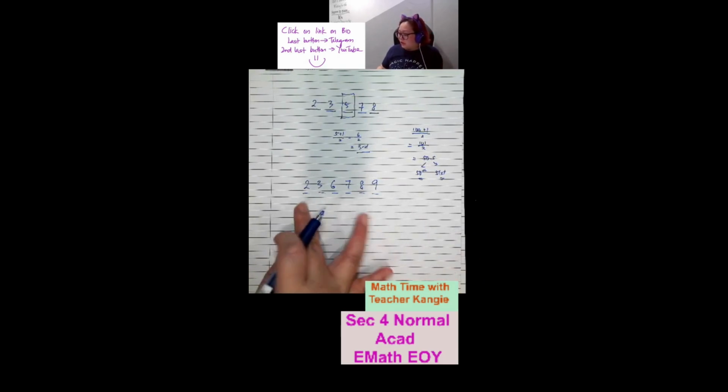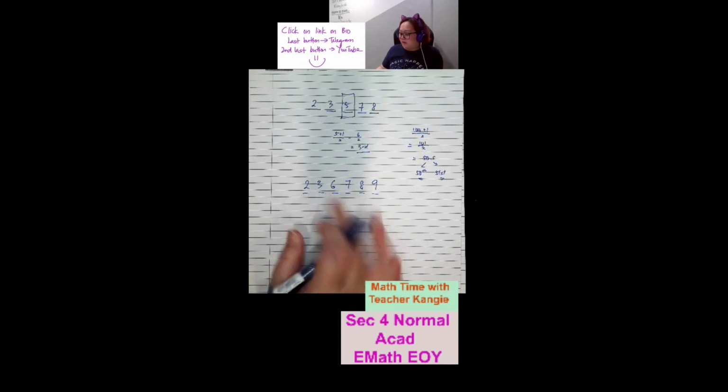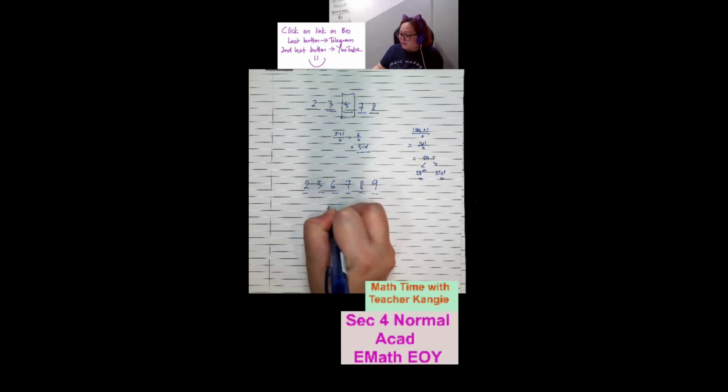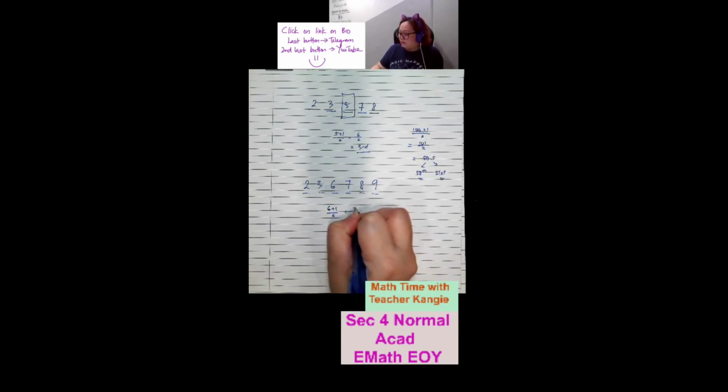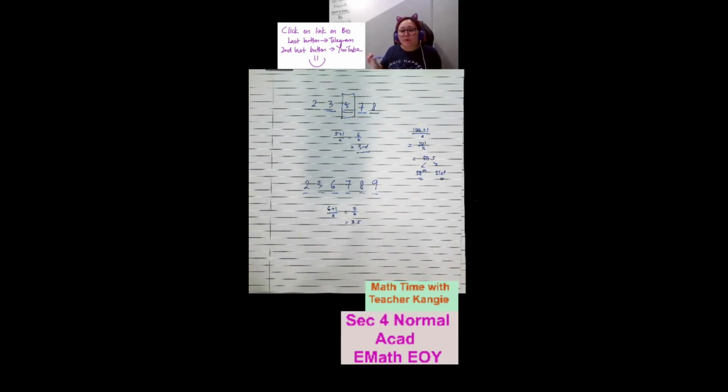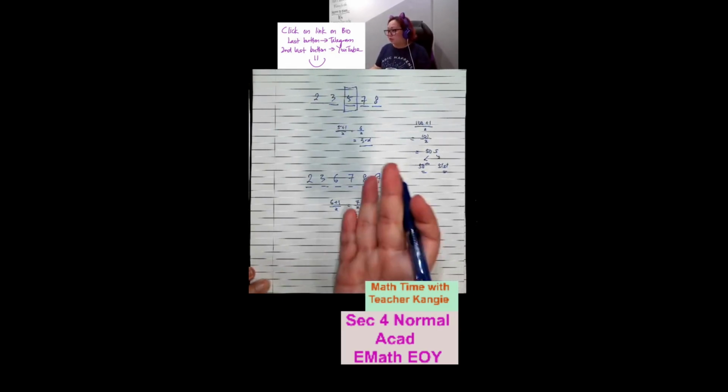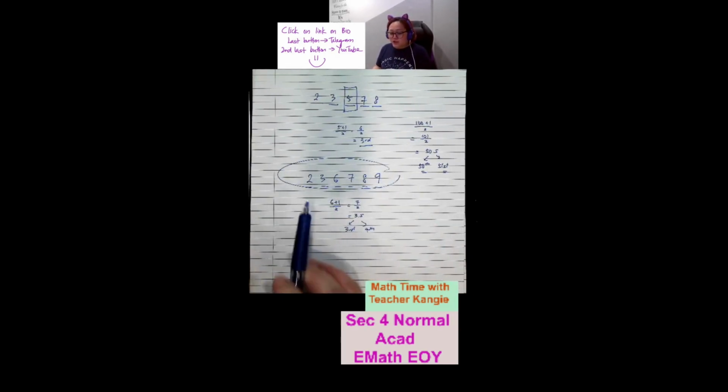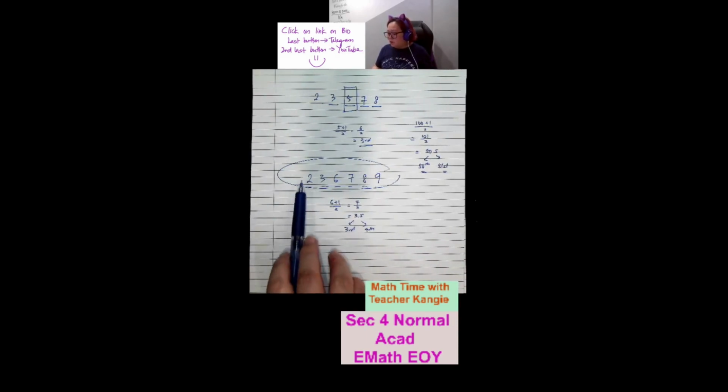Now over here, this is 6 data, so it will be 6 plus 1 divided by 2, so we have 7 divided by 2, we get 3.5. When you get 3.5 it means there are two numbers sitting in the middle. It means it's the third position as well as the fourth position. Then you go to your data and make sure the numbers are in ascending order, 1, 2, 3.